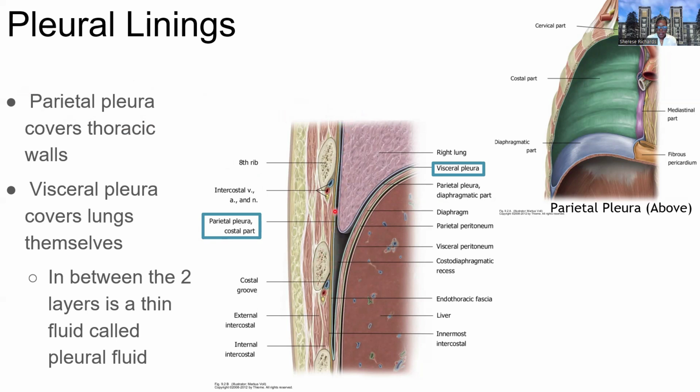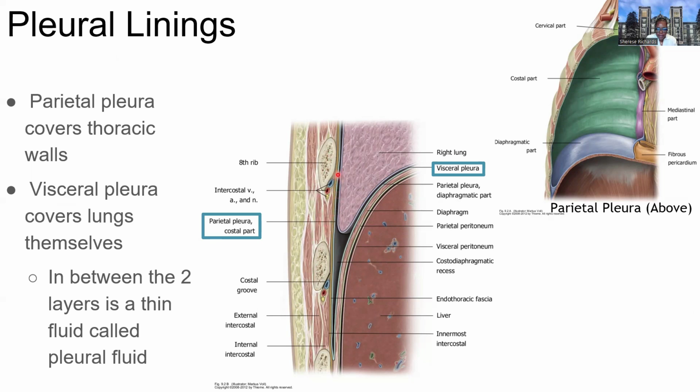which is tightly adhered to the fascia of the thoracic wall. So here are the ribs. Here are the intercostal muscles.